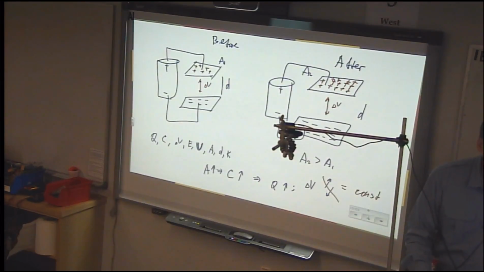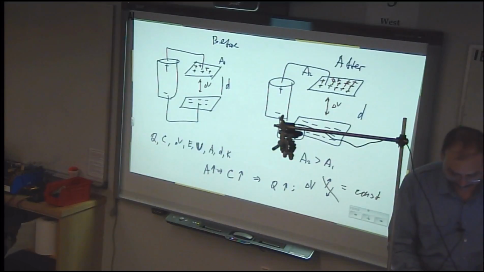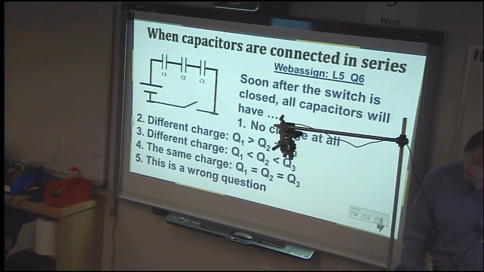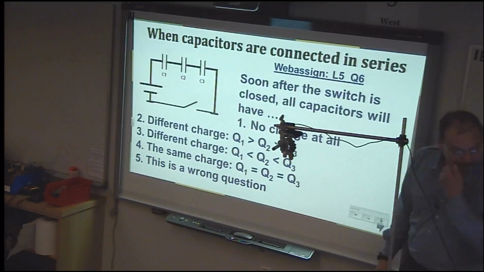By the way, if potential difference remains constant and the distance between the plates remains constant, that tells us electric field, which is delta V over d, remains constant. I have more examples like that in the future. First, I want to ask you this question.